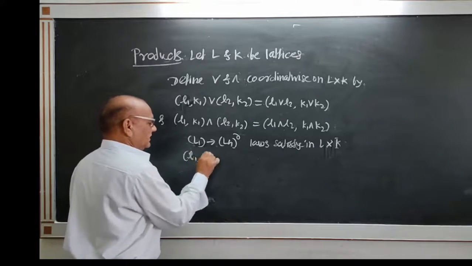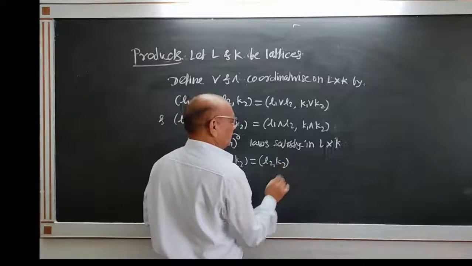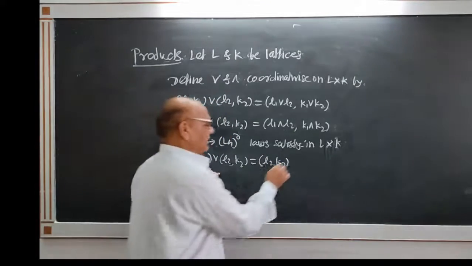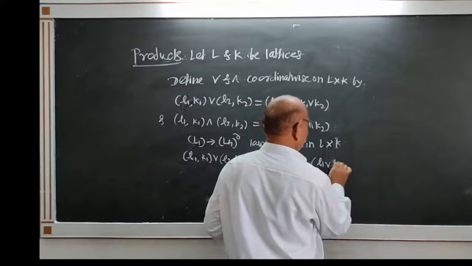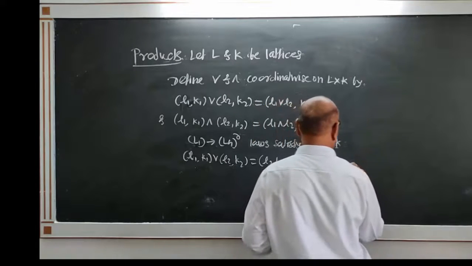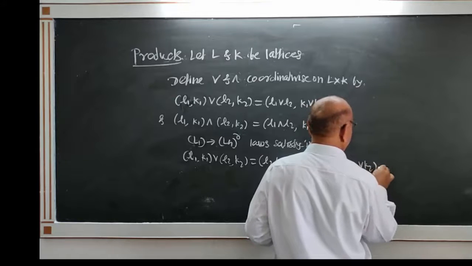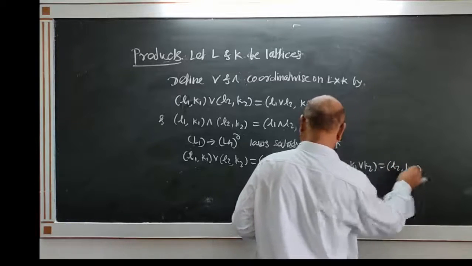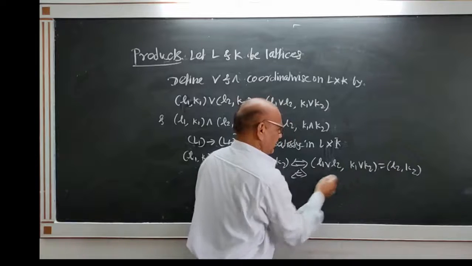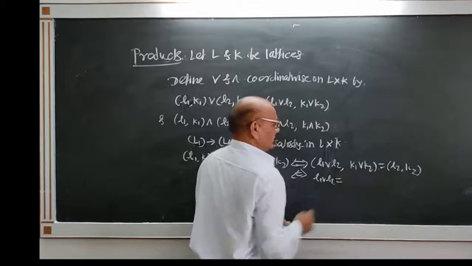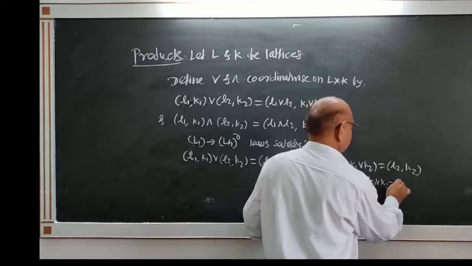Now see here, (L1, K1) join (L2, K2) is equal to (L2, K2) if and only if, componentwise, (L1 join L2, K1 join K2) is equal to (L2, K2) if and only if, comparing, L1 join L2 is equal to L2 and K1 join K2 is equal to K2.